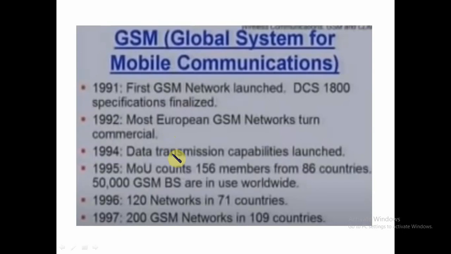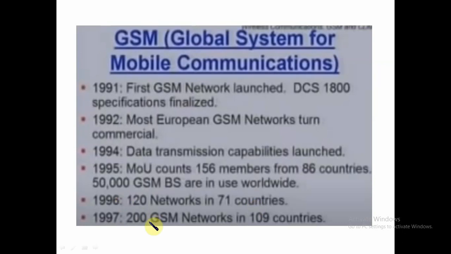Afterwards, in 1994, data transmission capabilities were launched. In 1995, about 156 members from 86 countries formed the network. In 1996, 120 networks in 71 countries.